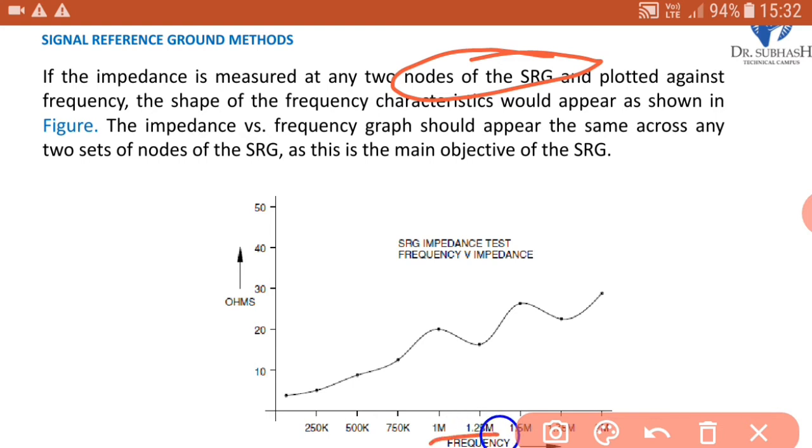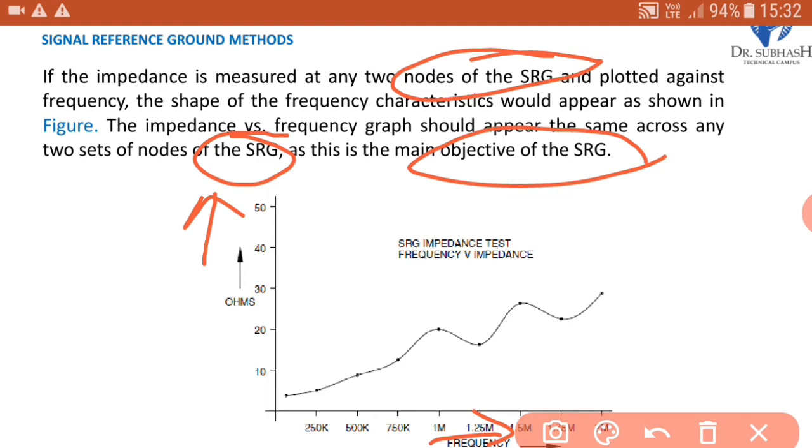Here we can see frequency and here is ohms. The impedance versus frequency graph should appear the same across any two sets of nodes of the signal reference ground, as this is the main objective of the signal reference ground. So this is a typical graph of impedance versus frequency.